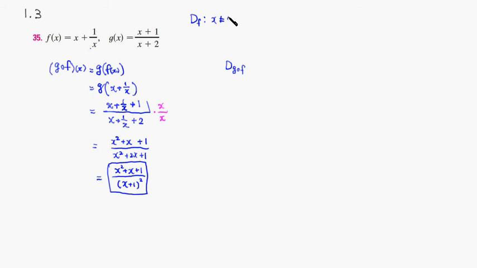So all real numbers except 0. Same deal for g. When x equals -2, this is going to be undefined, but all the other real numbers would be okay. So x cannot be equal to -2, all real numbers except for -2.